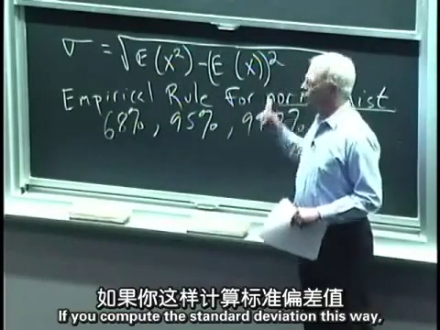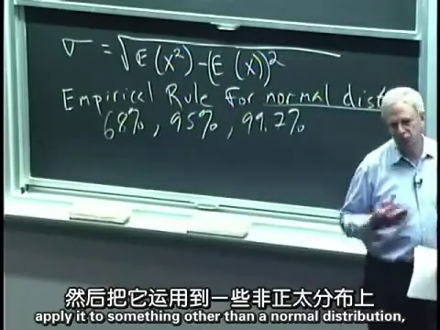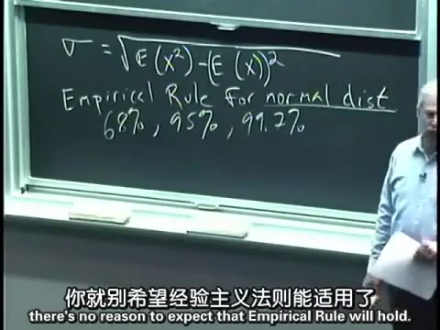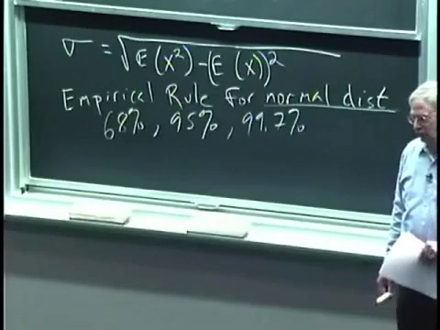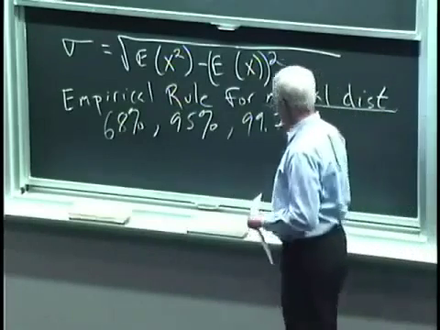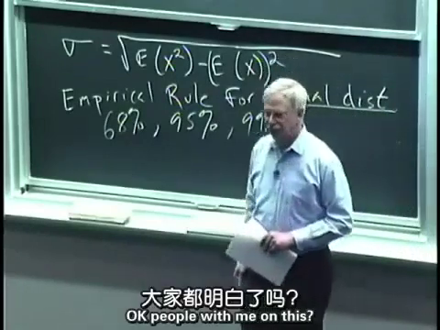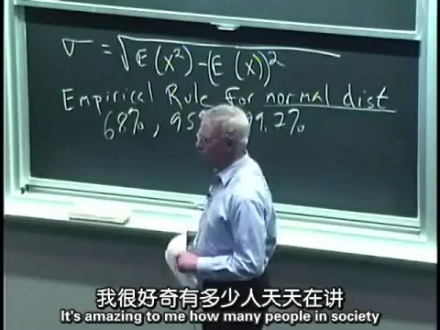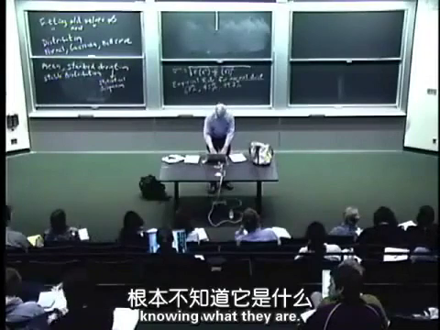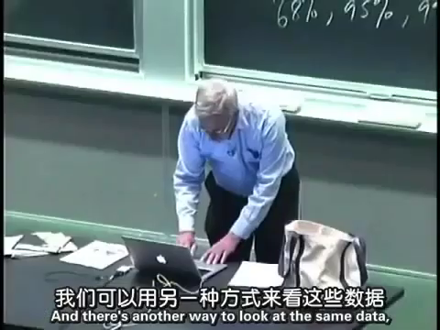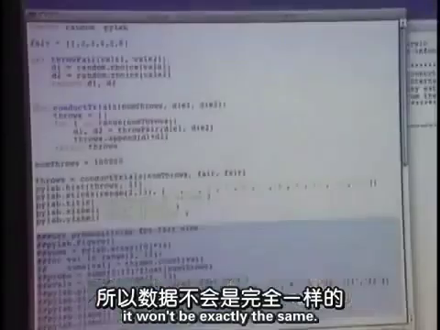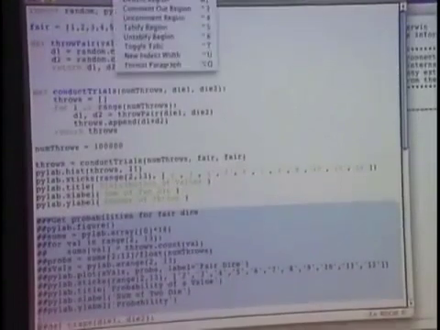If you compute the standard deviation this way and apply it to something other than a normal distribution, there's no reason to expect that the empirical rule will hold. Okay? People with me on this? It's amazing to me how many people in society talk about standard deviations without actually knowing what they are. And there's another way to look at the same data, or almost the same data. Since it's a random experiment, it won't be exactly the same.